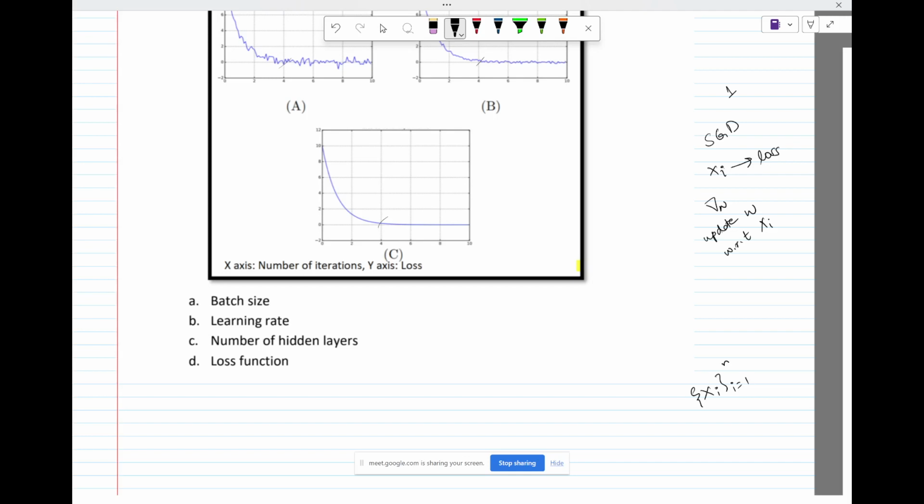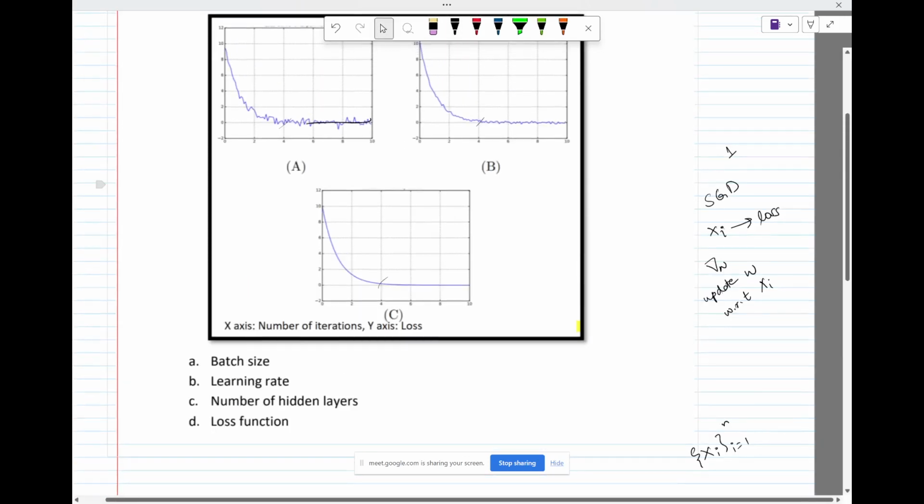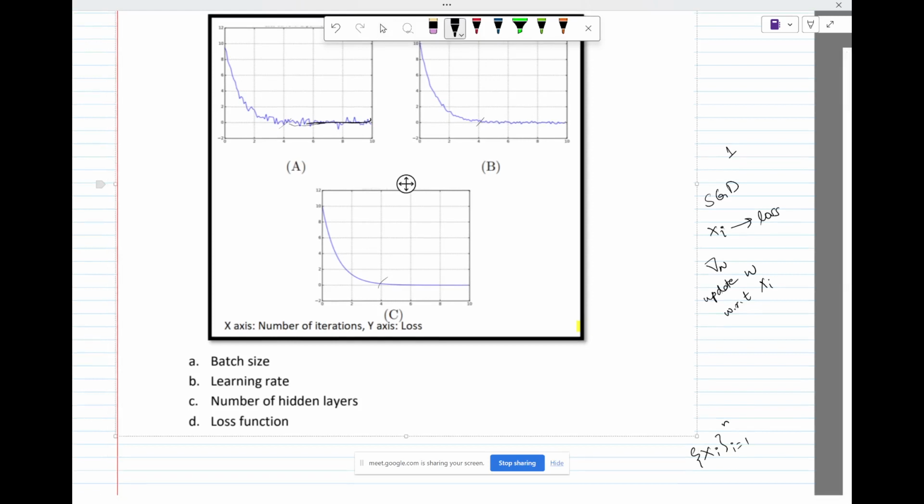So for each sample, it may adjust the weight till it reaches a global optimum or local optimum for all of the samples, where the gradient is not changing much for all of the samples at this point. And when I increase the batch size, then my jitter will decrease.